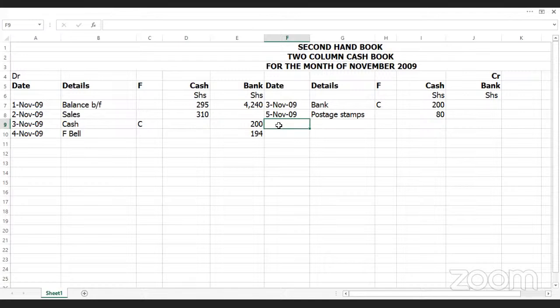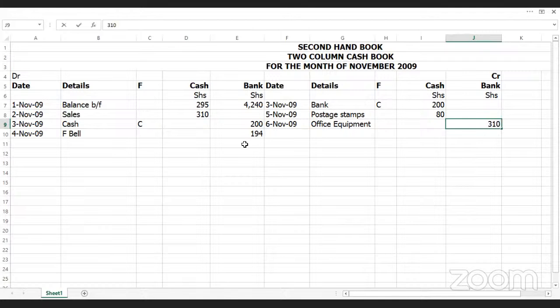That is office equipment, on 6th November 2009. How much? By check, shillings 310. So we record in the bank column 310.